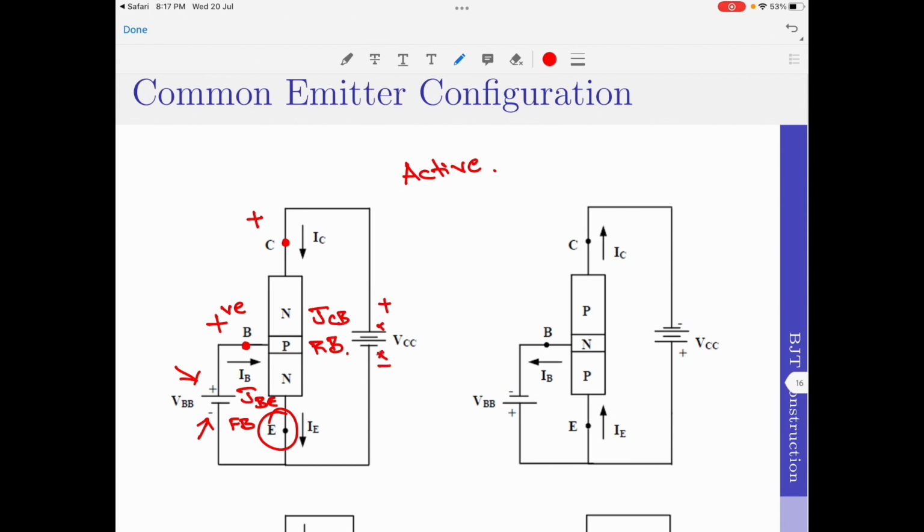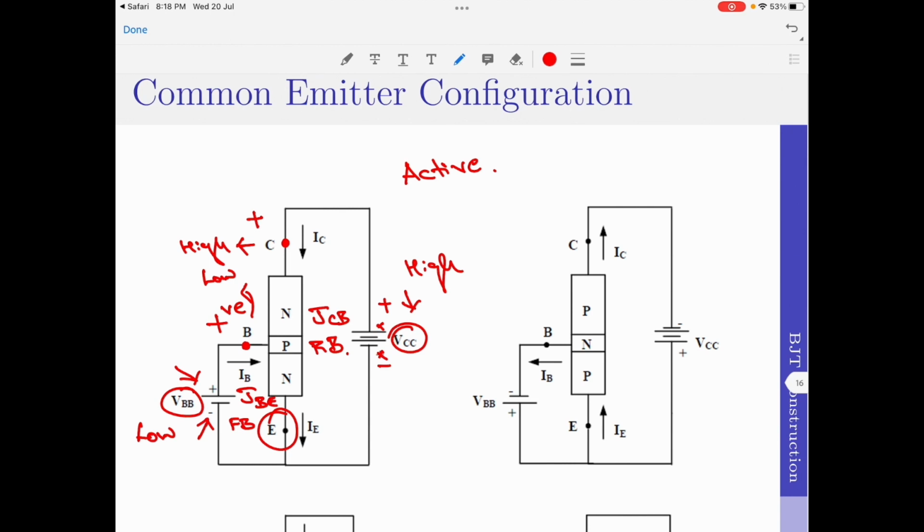Generally, the values of voltages that are supplied here are not the same. Commonly, the value of VCC is high as compared to that of VBB. This value of voltage will directly reflect on the corresponding terminals. So we can say that the collector is at a high potential and the base is at a low potential. Where is the collector connected to? The N-type semiconductor region.